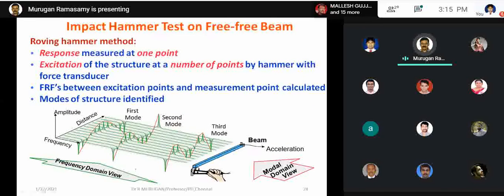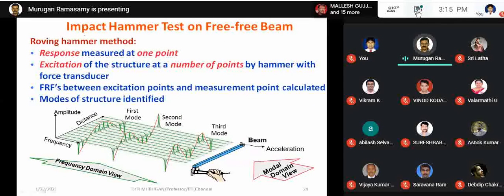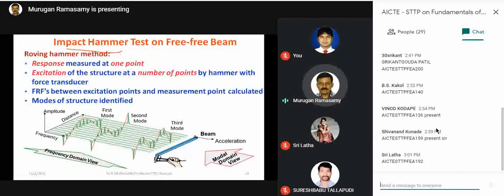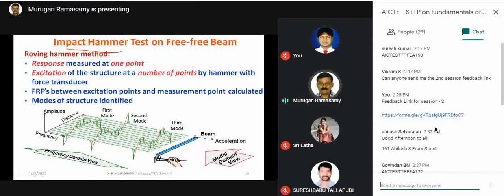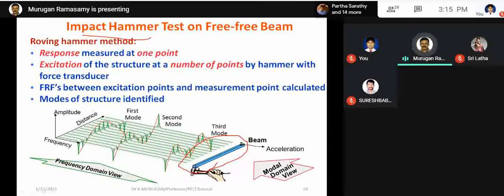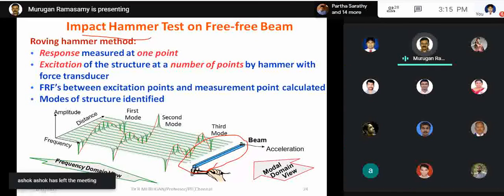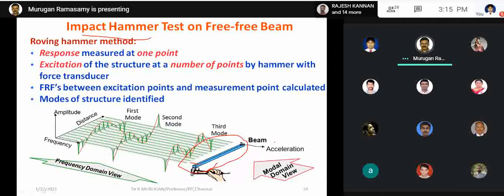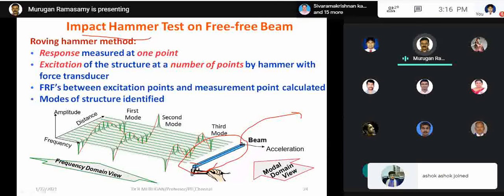So for the impact hammer method, if you want to get the mode shape, how will the test be conducted? Here you see this one, this is the specimen. The specimen will be fixed at one end and free at the other end, like a cantilever beam. At the free end, they will fix the accelerometer, which is going to pick up the response of the structure, and the excitation will be given nearer to the fixed end.